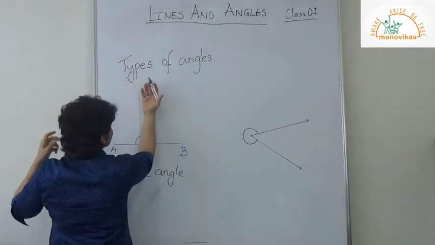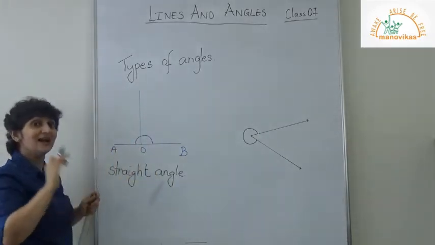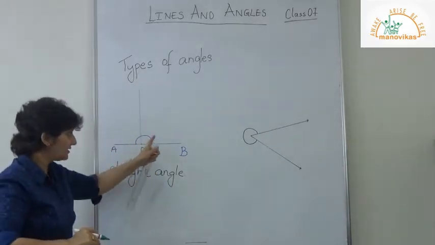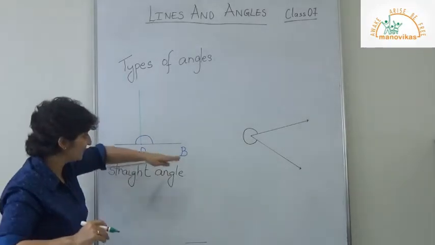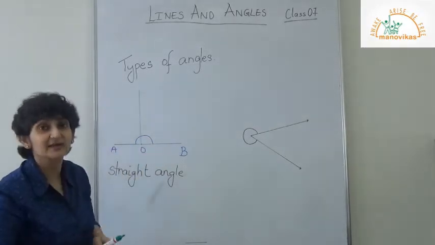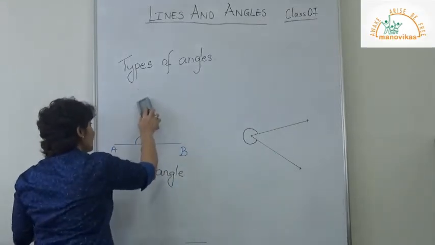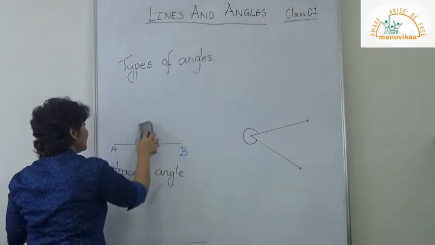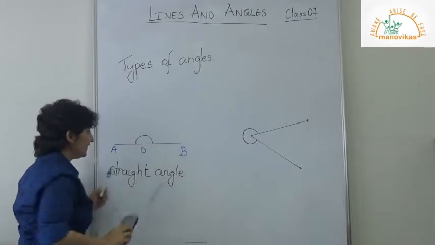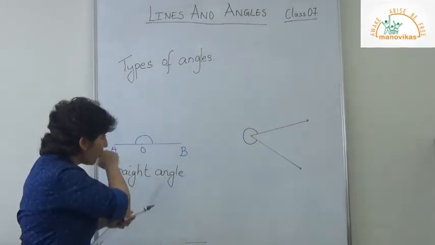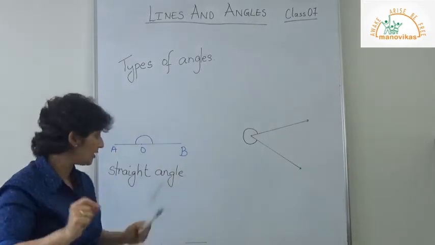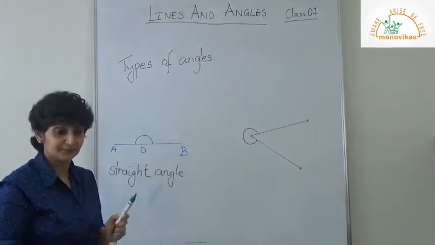And then, if I keep this side, this also gives me 90 degrees. 90 plus 90 gives me 180 degrees. So, you get this straight line. So, a straight line measures 180 degrees. An angle whose measure is 180 degrees is called a straight angle.